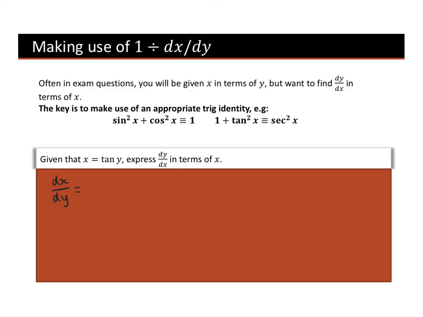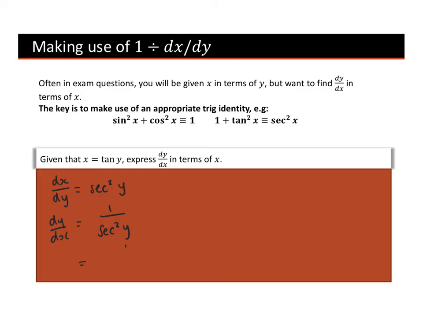Now tan differentiates to sec squared, so tan y differentiates to sec squared y. I now need to have 1 over that to get dy by dx. So dy by dx is 1 over sec squared y. I know that sec squared, and again, if you have all these in front of you, is 1 plus tan squared y.